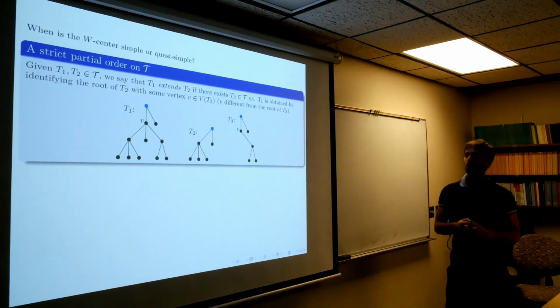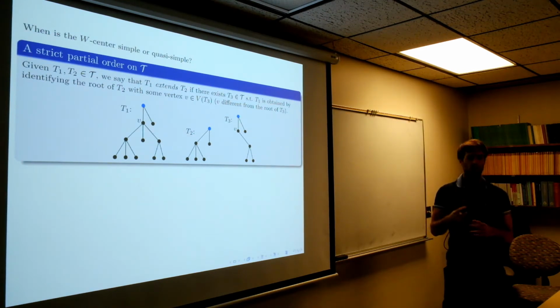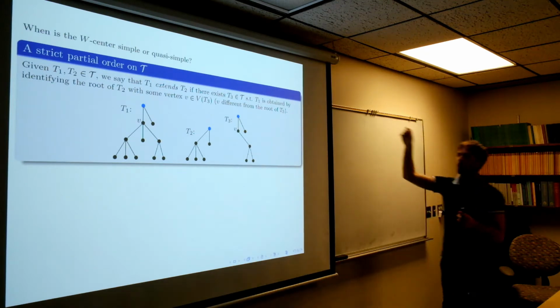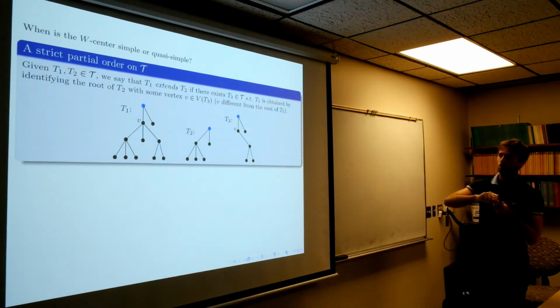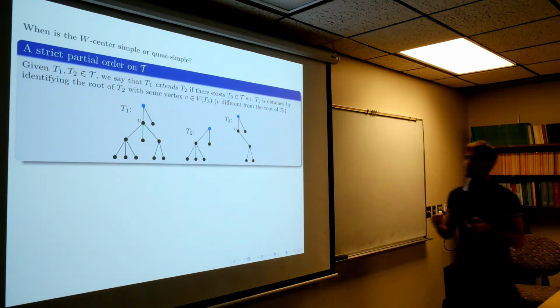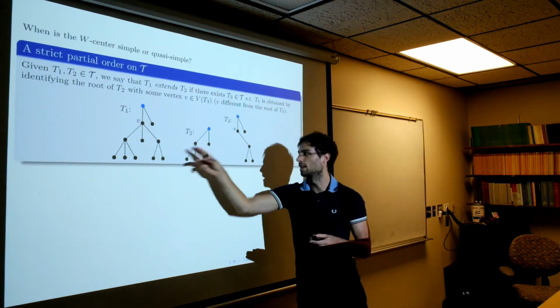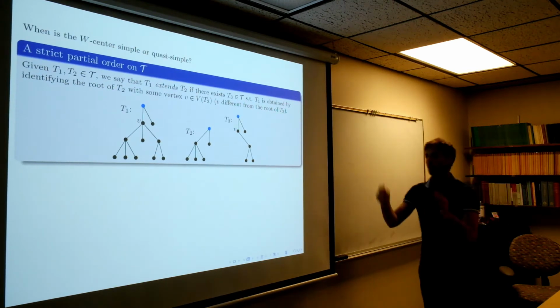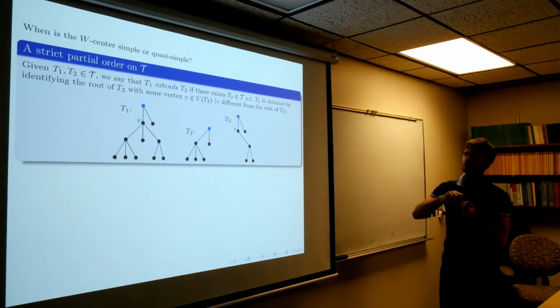And here we will need a strict partial order on the set of rooted trees. So it's actually better to look at the picture instead of reading this. Whenever we have two rooted trees T1 and T2, we say that T1 extends T2 when T2 is a pendant appearance in T1, or more formally, whenever there exists another tree T3, such that T1 is obtained by taking T2 and T3 and joining the root of T2 to one vertex of T3, different from the root.